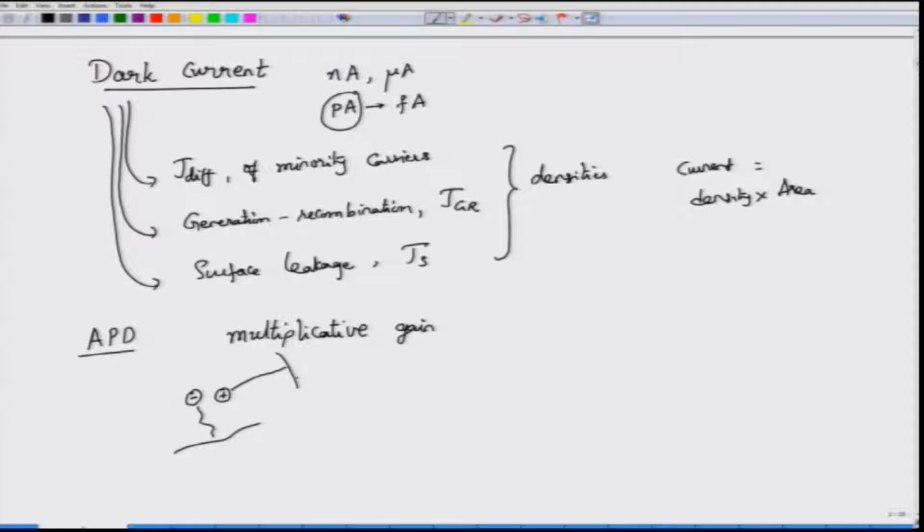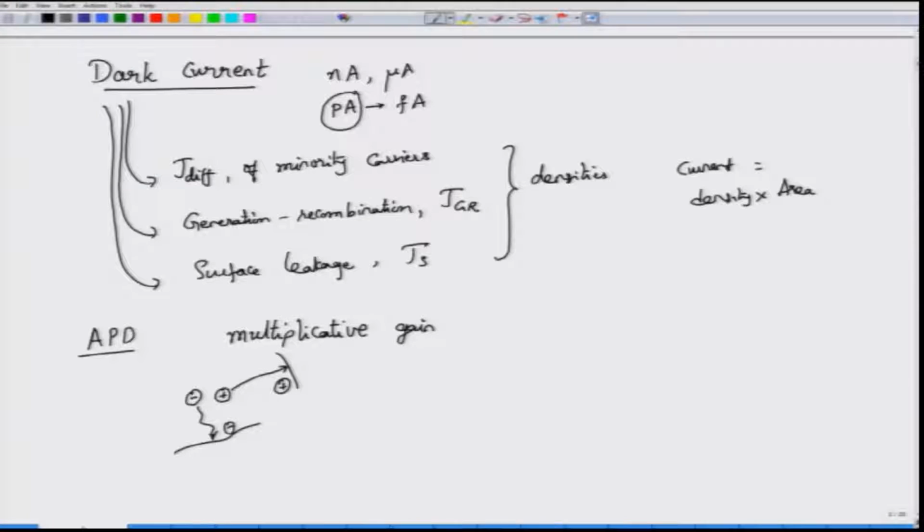They will go and hit the material, creating ionization, resulting in generation of extra electron hole pairs. So quickly a pair of electron hole pairs can generate a million electron hole pairs, leading to an internal gain of the device. So, there is no amplifier connected, but there is an internal gain of the device.